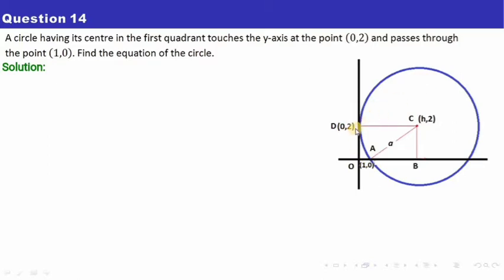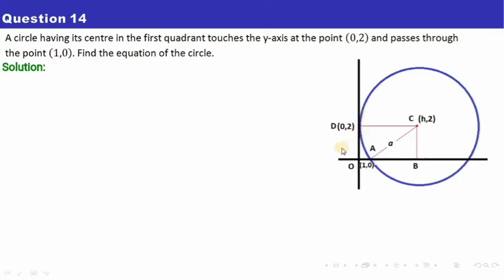So from here to here is 2, and from here to here is also 2. I'm taking OB equal to h, so from here to here is h. If this is h and this is 2, then the center becomes (h, 2). My radius is a, that is OC and CD both mean the radius for me.